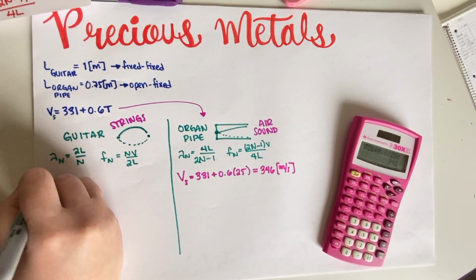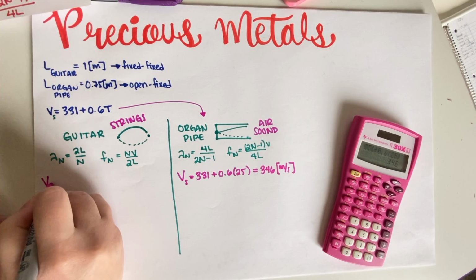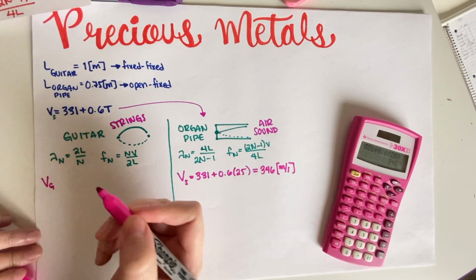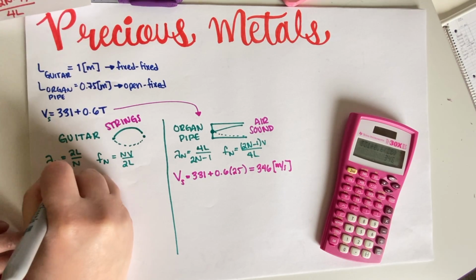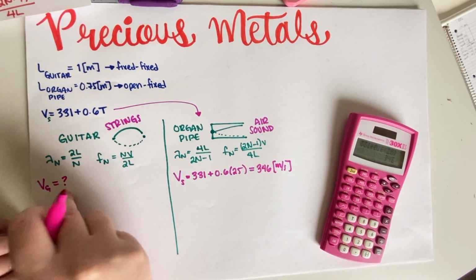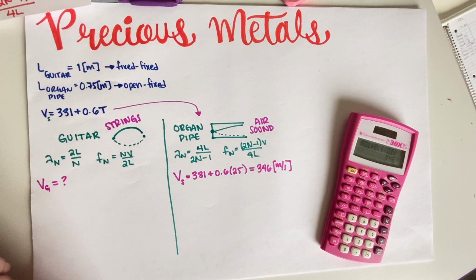Now, this velocity of the guitar string, I'm just going to call it v_G for guitar, the string of the guitar. I actually don't know what it is, and this is what I'm trying to find. So let's just go ahead and do that.